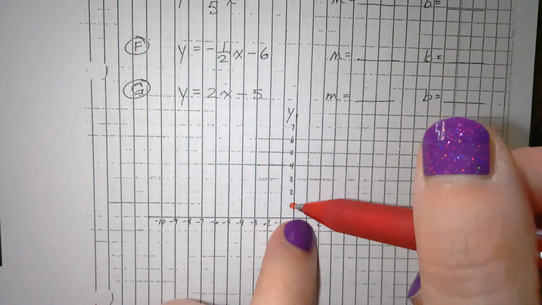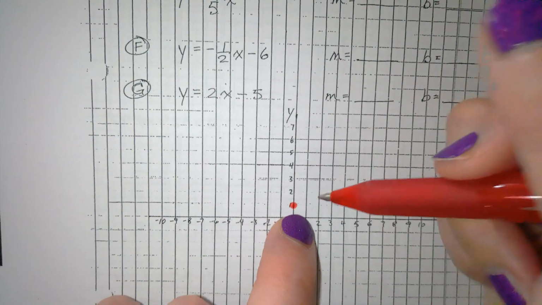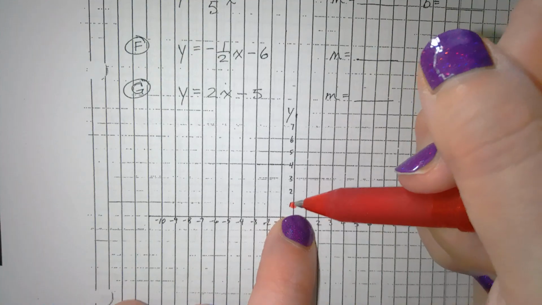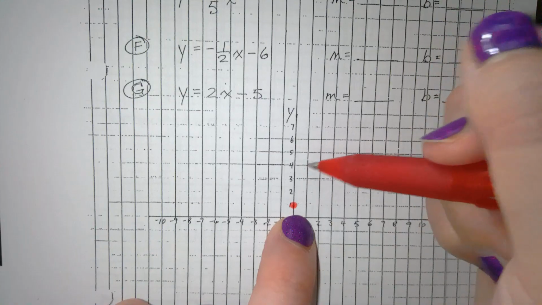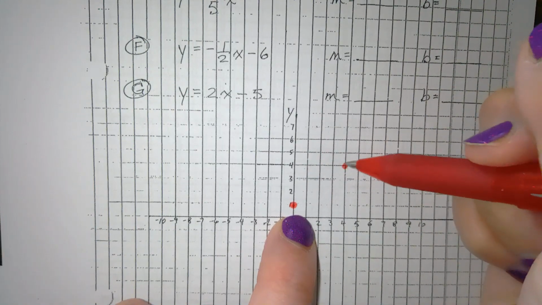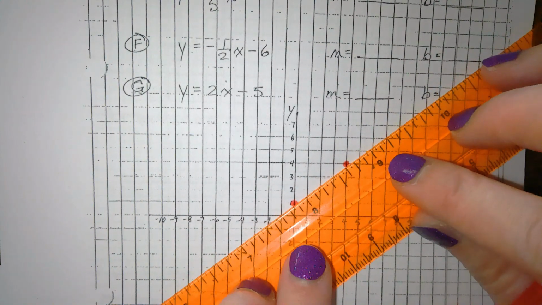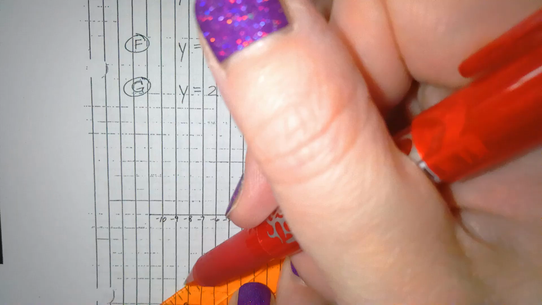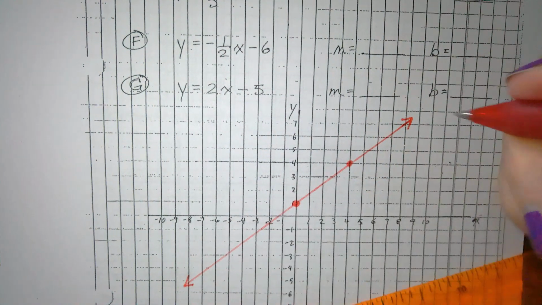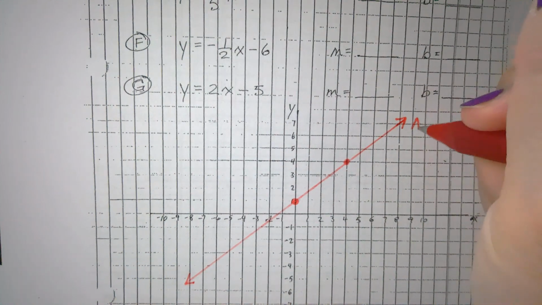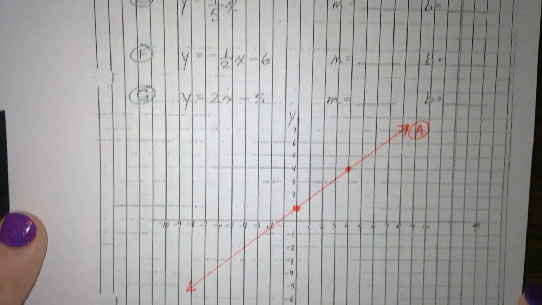And then from this point, I'm going to do my slope. Not from 0, 0, but from the point, just like what we've been doing. I'm going to go up 3, 1, 2, 3, and over 4. 1, 2, 3, 4. Okay, and that's my line. So just like that, without having to do a table of values, I just graphed a line in 30 seconds using y equals mx plus b. Yeah, we'll do another one.